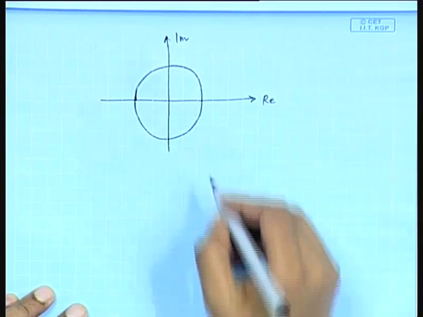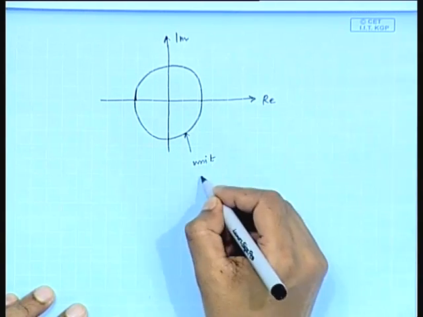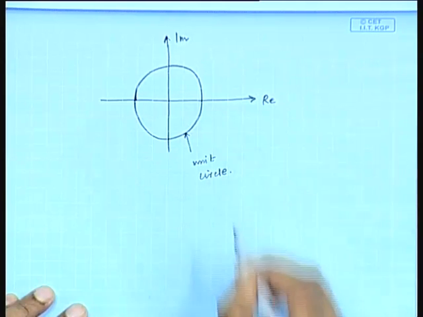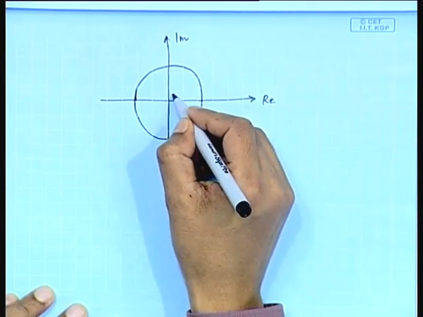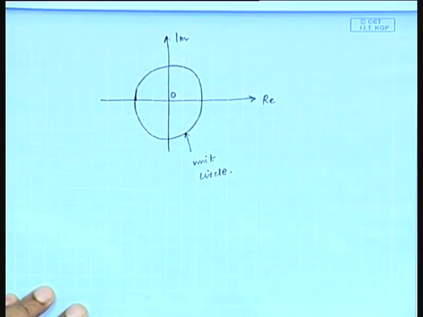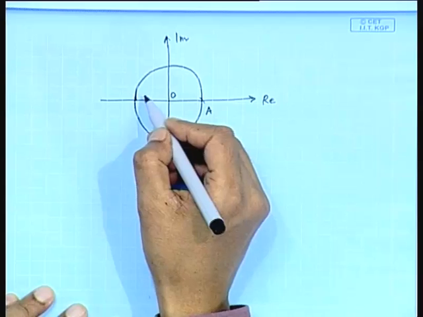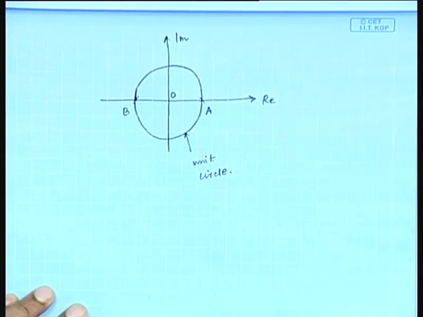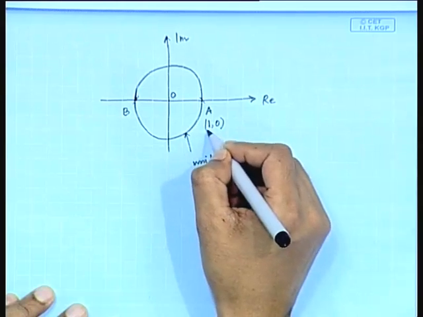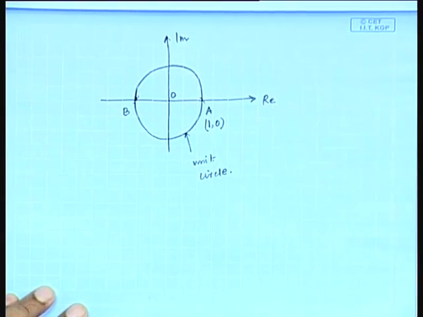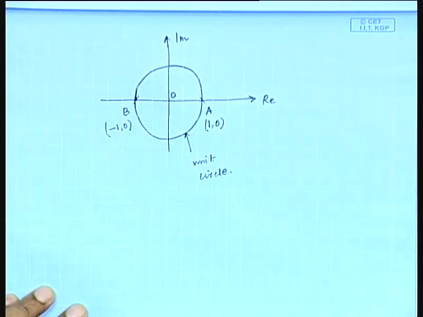This is a unit circle. Suppose this O is the origin, this is point A and this is point B. A is basically 1, 0 and B is -1, 0.